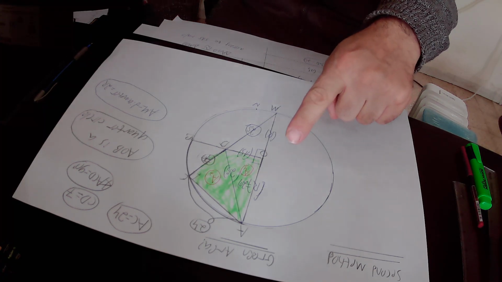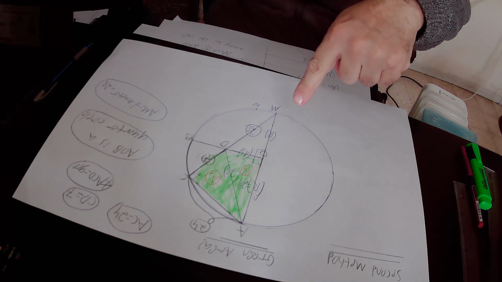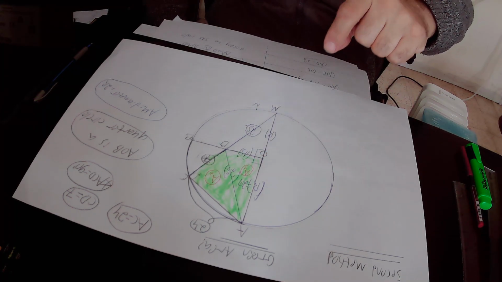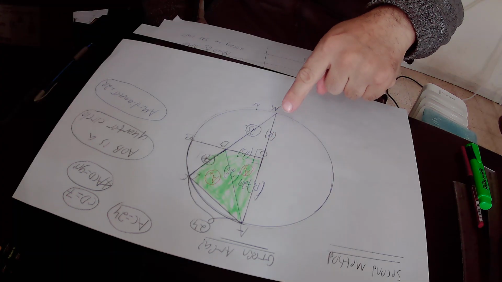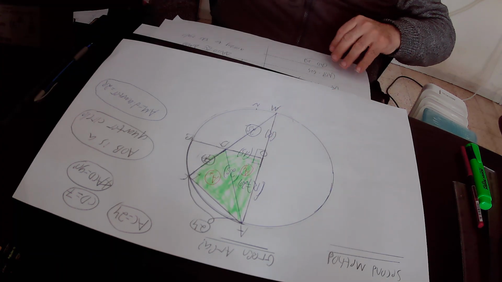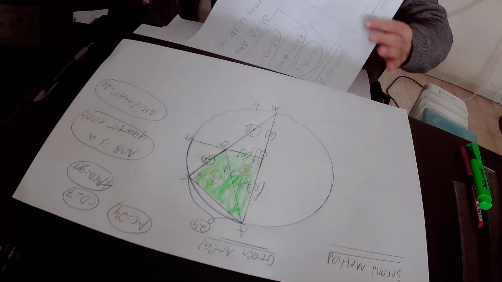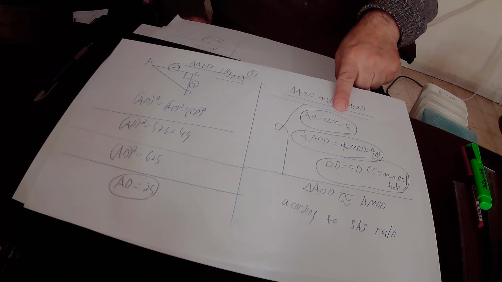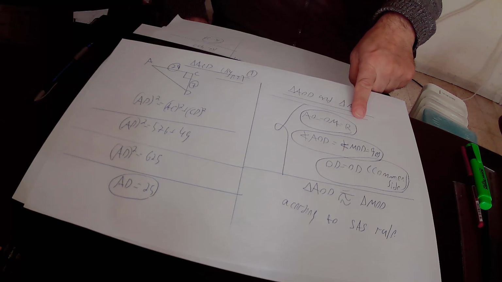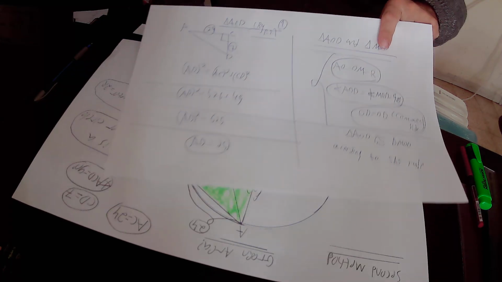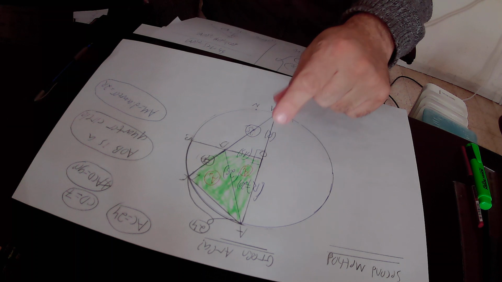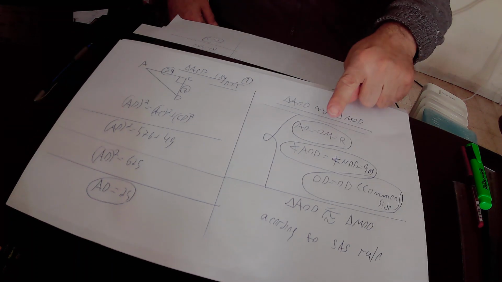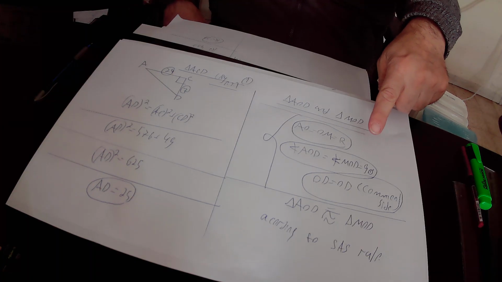Then we state that the green right triangle AOD is congruent to the white right triangle ODM. Why can those two right triangles go into each other? First of all, AO equals OM. Here, side AO of the green triangle equals side OM of the white triangle. They are both the radii of the circle, therefore they are equal to each other. In addition, angle AOD of the green triangle equals angle MOD of the white triangle.